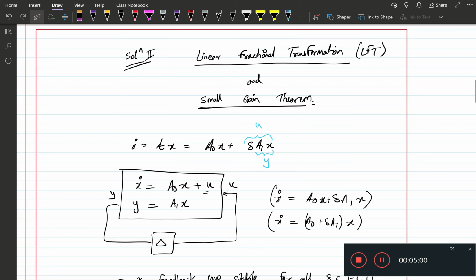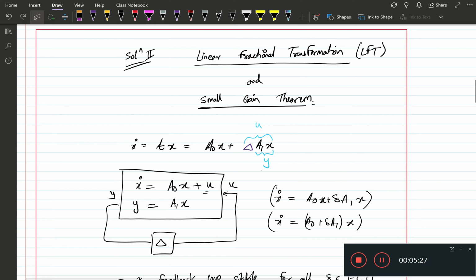So we have x dot equal to A0 x plus u, but u is delta times y, and y is A1 x. So if we close this loop, we would indeed get A0 x plus delta A1 x here, which is our uncertain system.